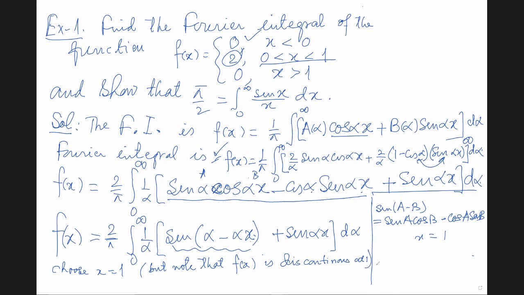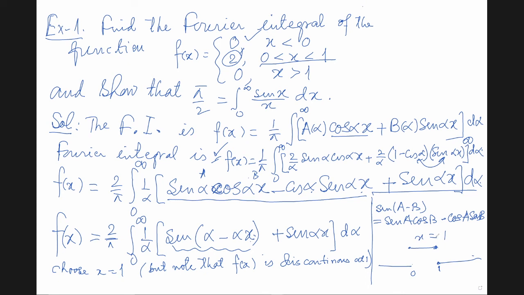Because I have shown you the graph. The graph is like this. Here 0, and this is 1. So at 1 there is a jump.